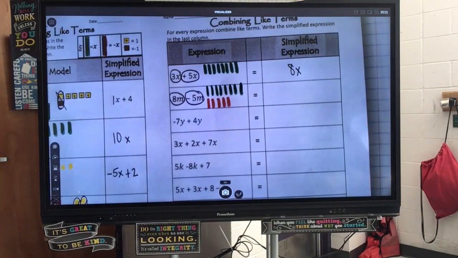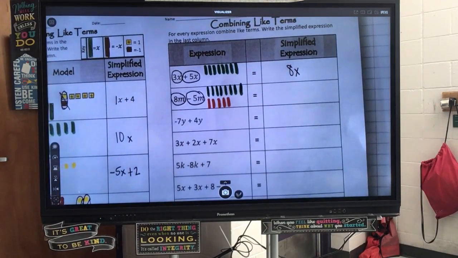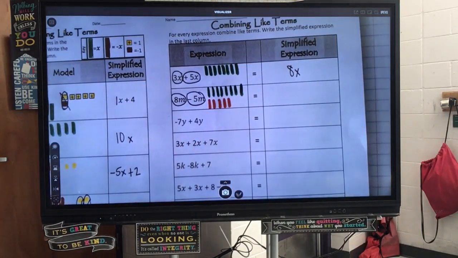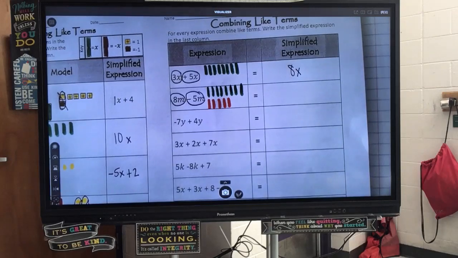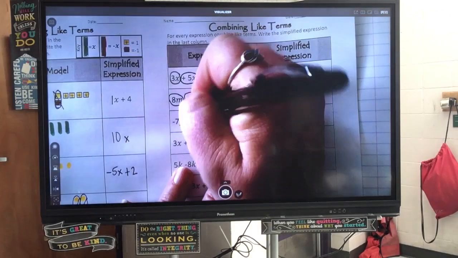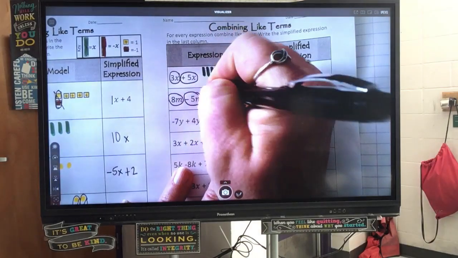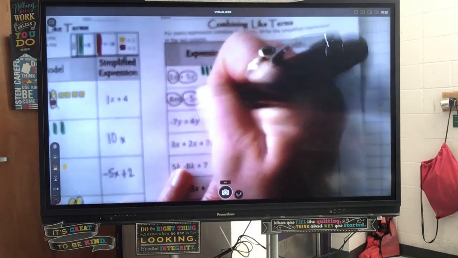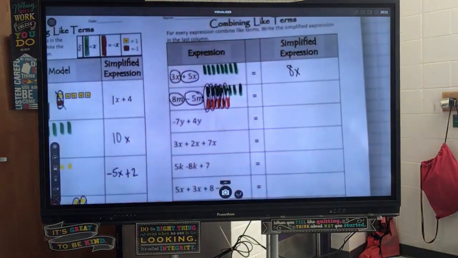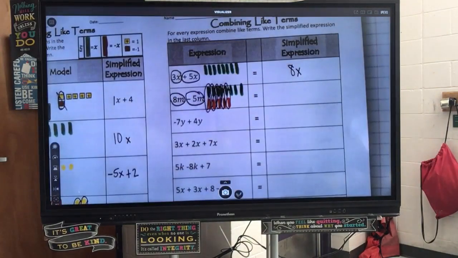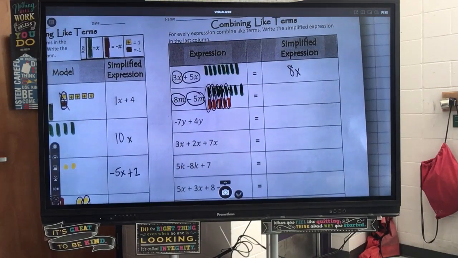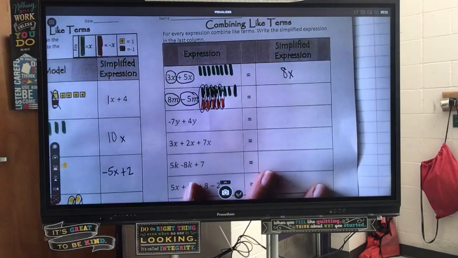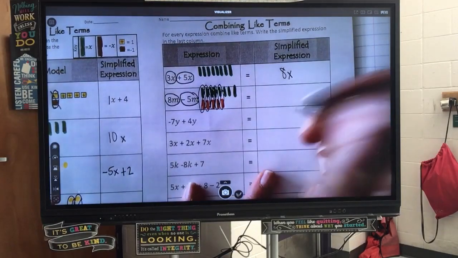I just didn't hear you. Yes, because they're negative, because it's minus 5. Alright, so how many can I cancel out? How many can I cancel out? Emma? 5. Alright, so 1, 2, 3, 4, 5. So what am I left with? What am I left with? Ronnie? Not just 3, but 3M.